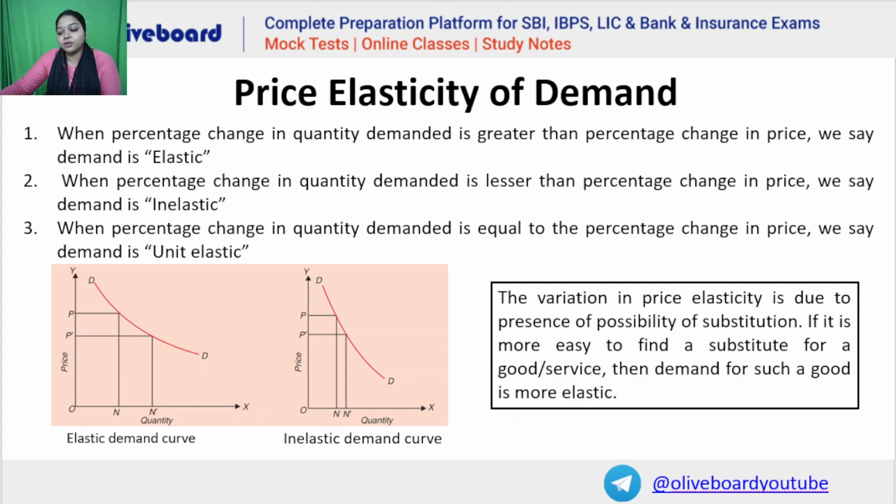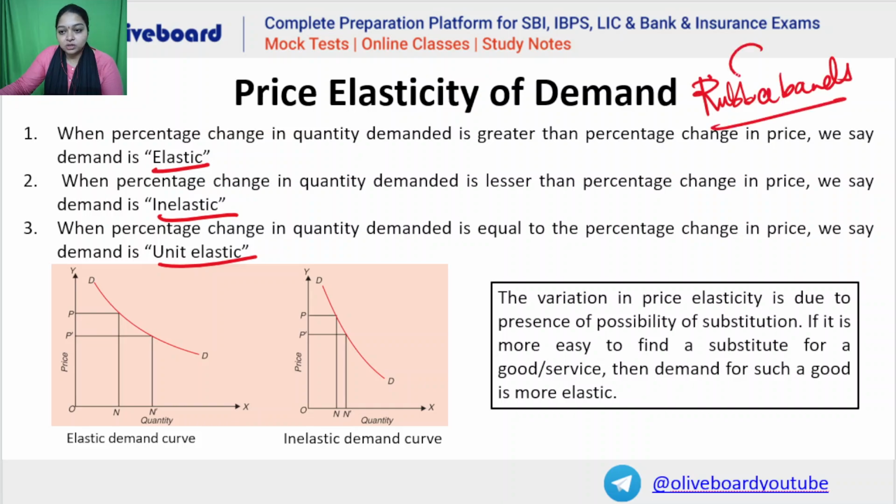Now, what are the different types? Under price elasticity, there are three types: elastic, inelastic and unit elastic. When I say elastic, I think all of us know about rubber bands. This is a very good example to understand. We know that rubber bands are elastic.